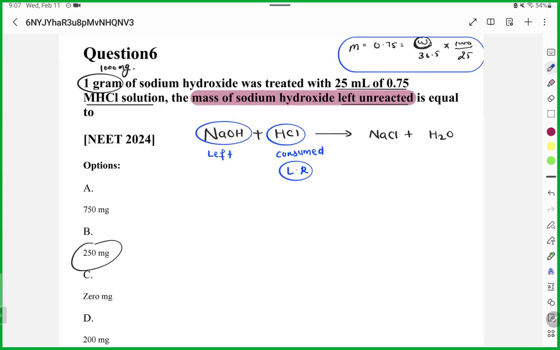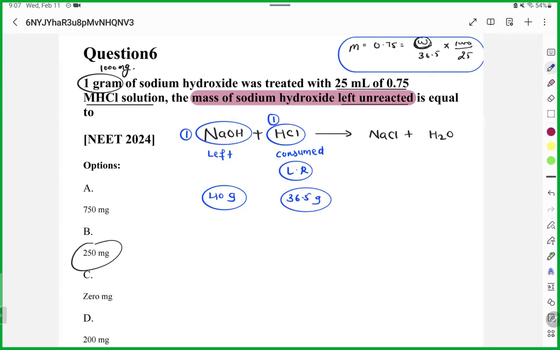Based on the molar mass, if you take 1 mole of NaOH, it will utilize 1 mole of HCl. If you take 40 gram of NaOH, it will utilize 36.5 gram of HCl based on the molar mass.